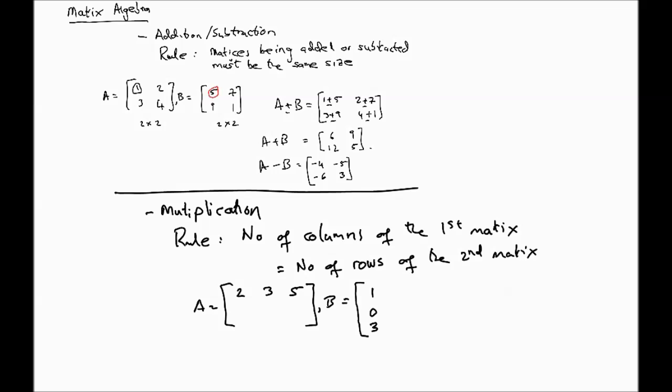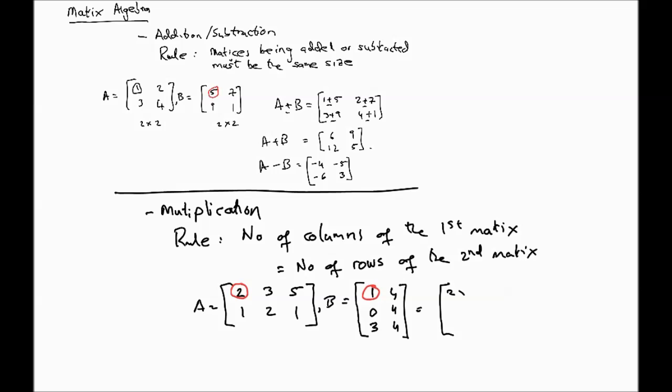So for instance, here, just two rows in the first one, and let's say 2 columns in the second one. Now I'm going to show you how we actually multiply. What we do is we take the first element here and multiply it by the first element here. That's easy enough.